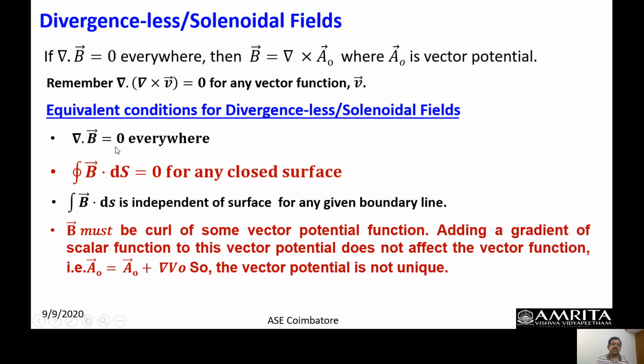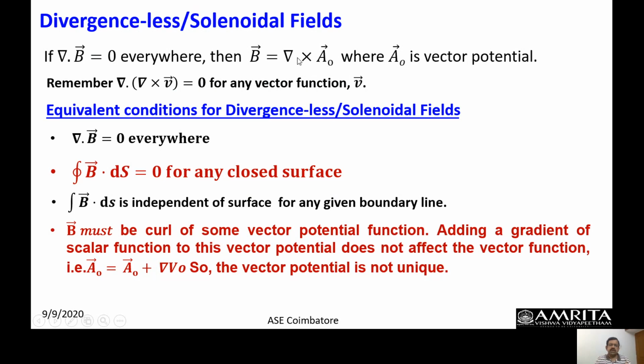The vector function is B here. I am adding a gradient of a scalar function, which is a vector, so I have two vectors. One vector function is A naught, whose curl represents the solenoidal field.